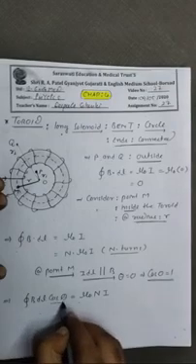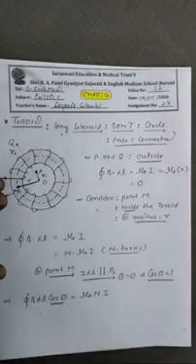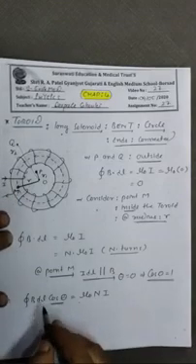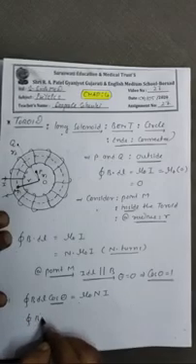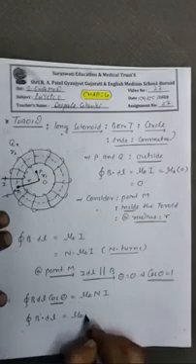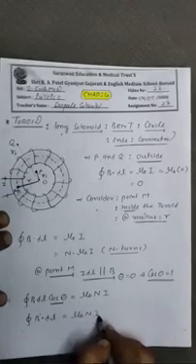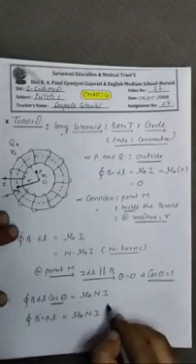Okay, cos theta is nothing but cos 0, and cos 0 value is 1. So our equation becomes closed integration B dot dl is equal to mu 0 capital N I. Here, what is B?